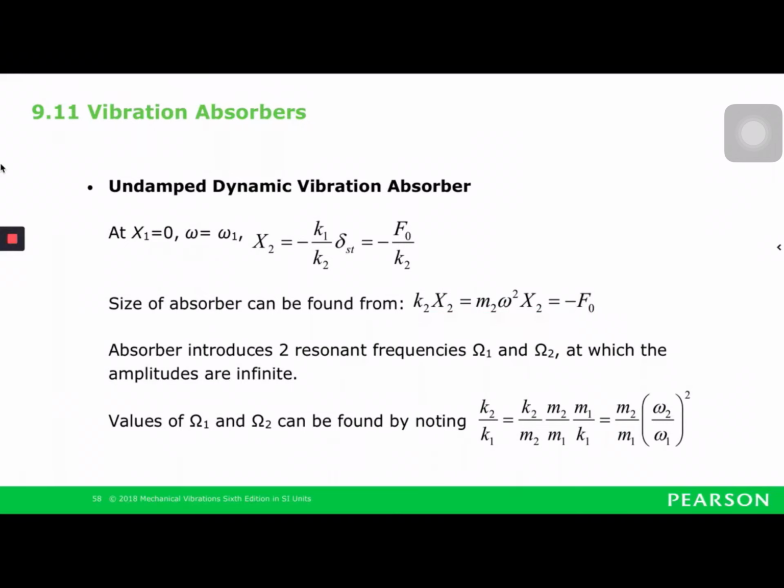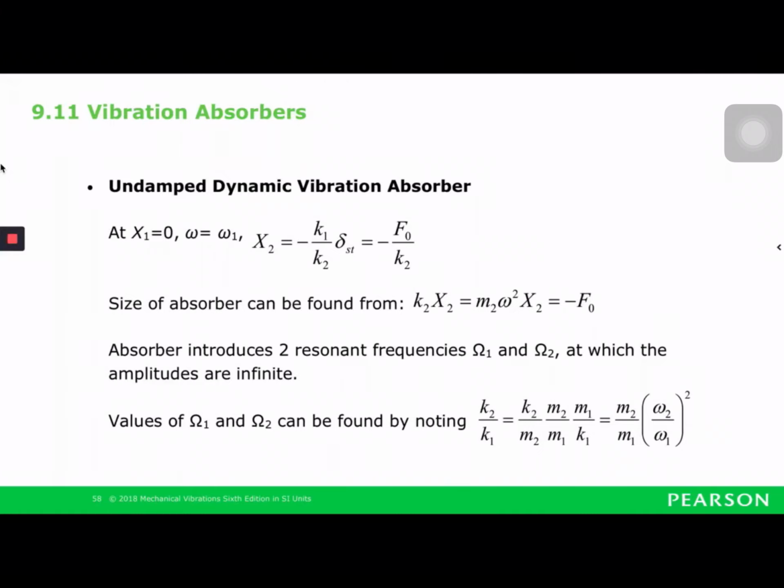Okay, it introduces two resonant frequencies, capital omega 1 and capital omega 2, and we can also use the notation k2 over k1 equals k2 over m2 times m2 over m1 times m1 over k1, or this equation over here, m2 over m1 times (omega 2 over omega 1) squared.